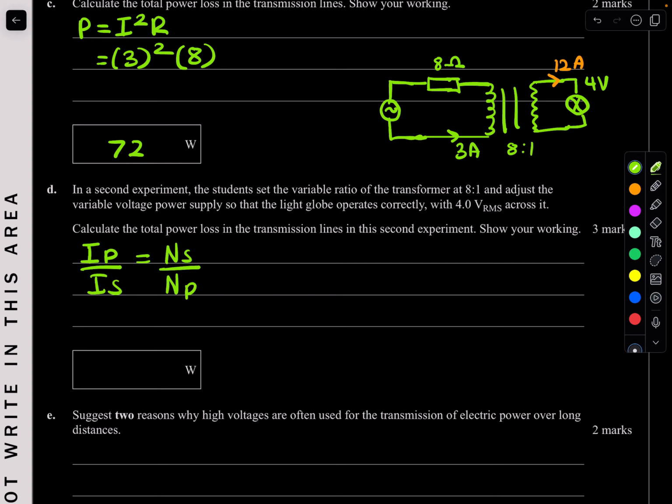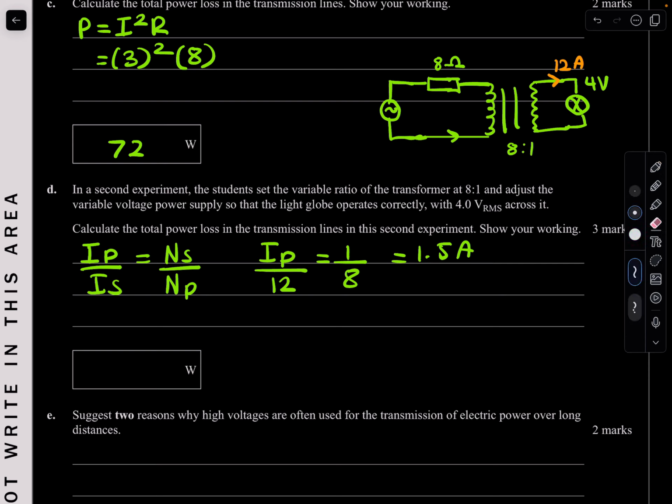So IP, divided by your current in your secondary, which was 12, is equal to 1 to 8. So it's just going to be 12 times 1 on 8. And that gives me 1.5. So your current is 1.5 amps that's running through this transmission line.